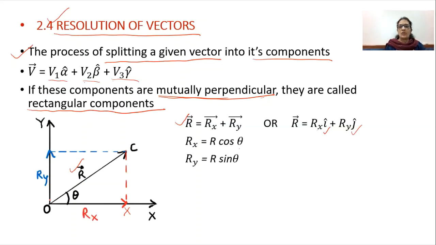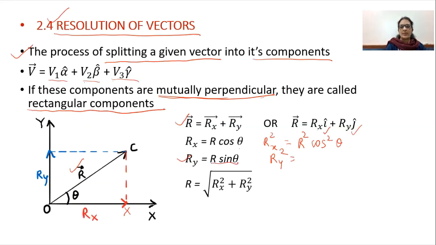So how can you write R in terms of Rx and Ry? Magnitude of R is equal to Rx square plus Ry square. बघा, Rx चा जर स्क्वेअर केला तर काय व्हॅल्यू येईल? Rx square is equal to R square cos square theta, isn't it? And Ry square is equal to, this is Ry, square केला तर याचा पण स्क्वेअर करावा लागेल, so it is R square sin square theta.